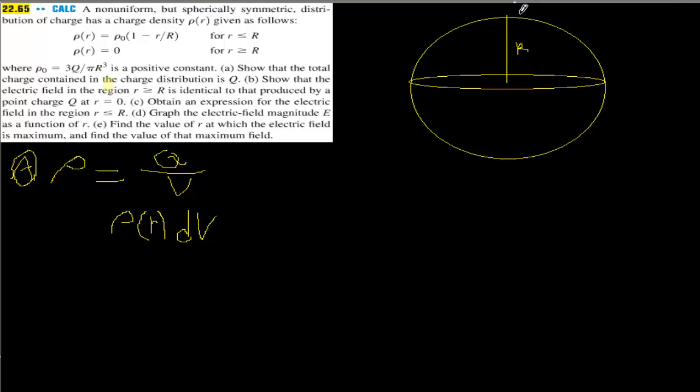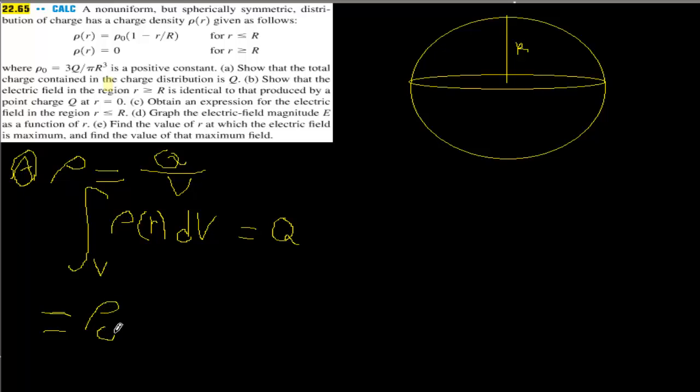So if we take that infinitesimally small charge and we integrate it with respect to that volume entirely, we should be left with the entire enclosed charge of this volume. So therefore, what is this expression basically equal to? Essentially, this is the rho of r, which we have. We can put that outside the integral.